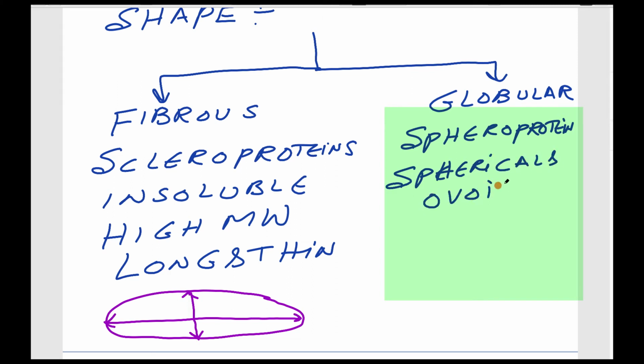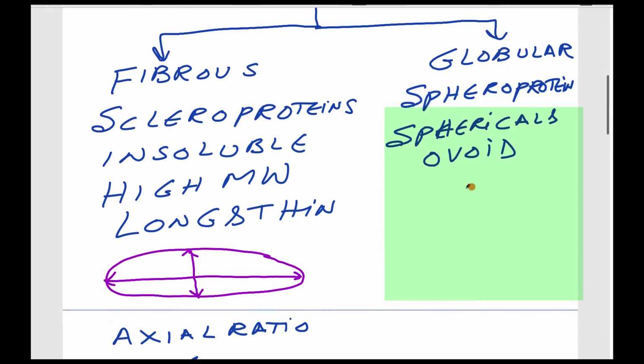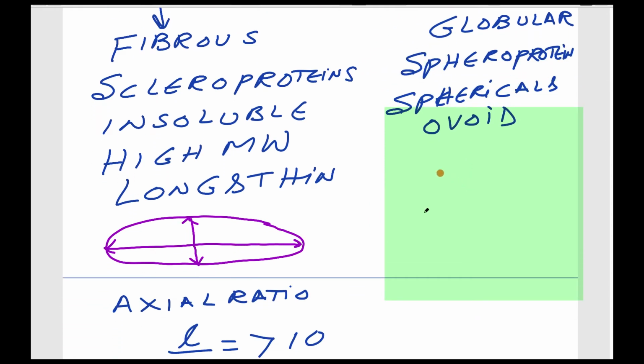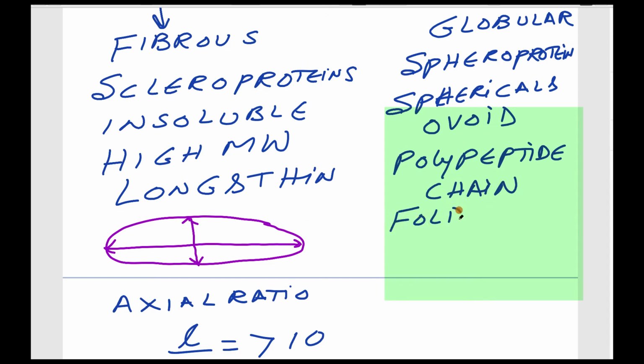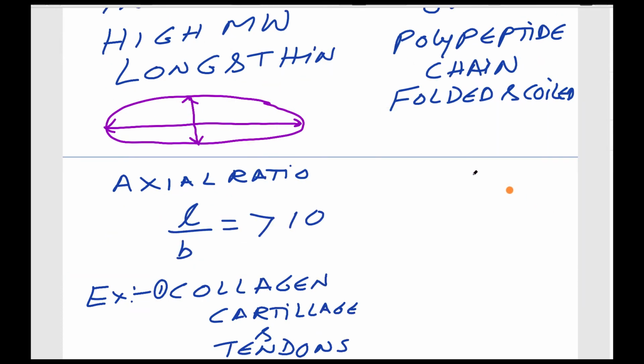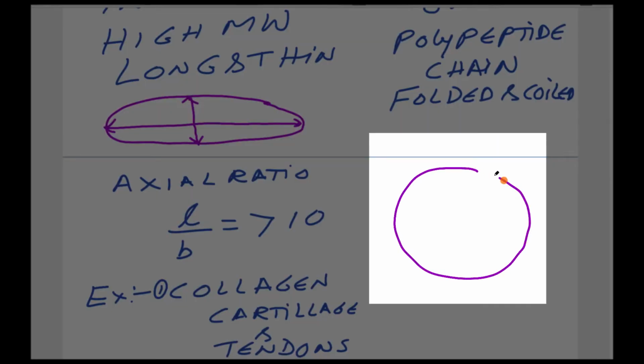The polypeptide chain is folded and coiled.